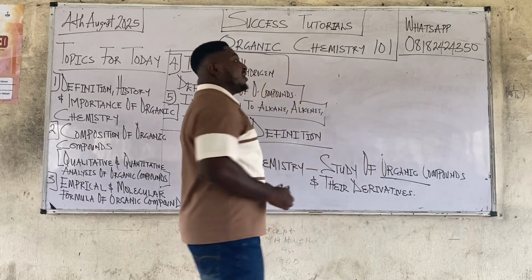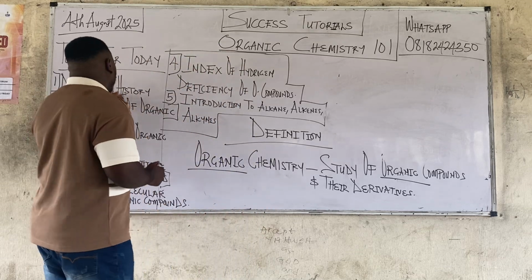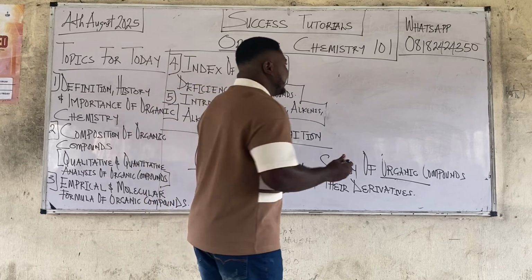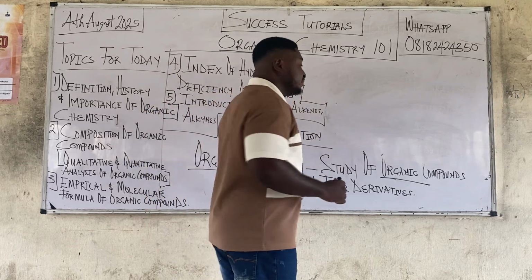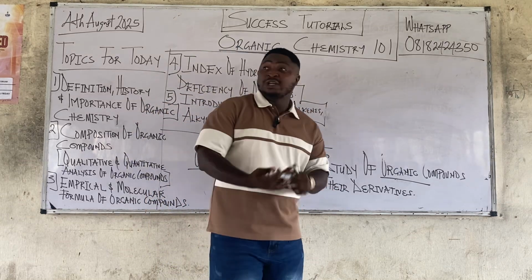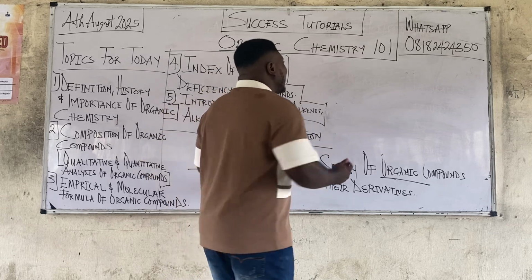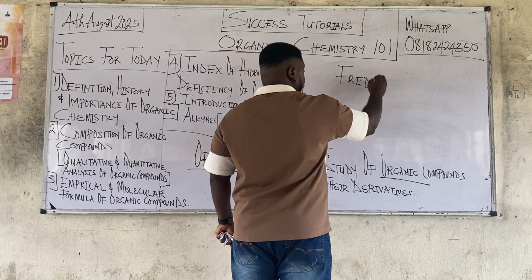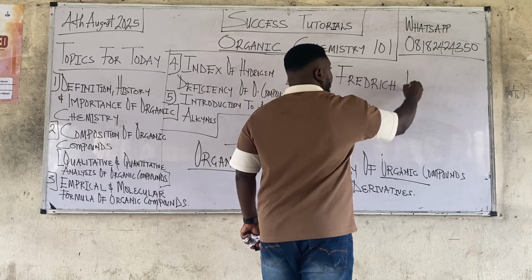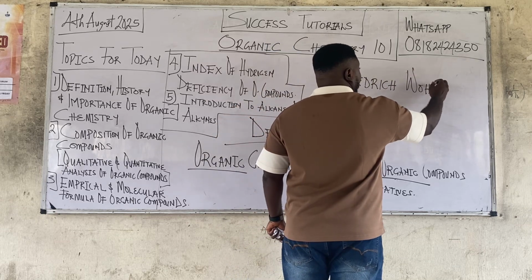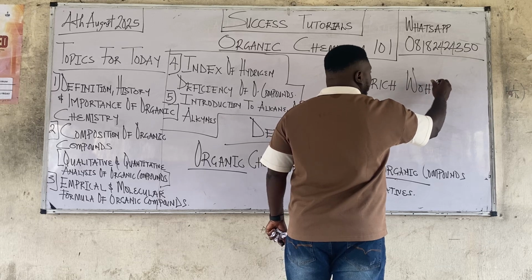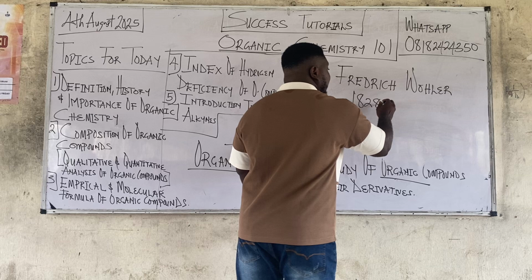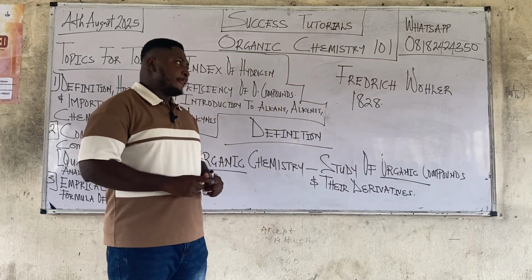As we said, organic compounds are naturally occurring, but class, going to the history of organic compounds, there are some scientists that disprove that fact. Because if you say something is naturally occurring, then it shouldn't be synthesized by man. But class, we have a scientist known as Frederick Wohler, in the year 1828, who disproved this theory.